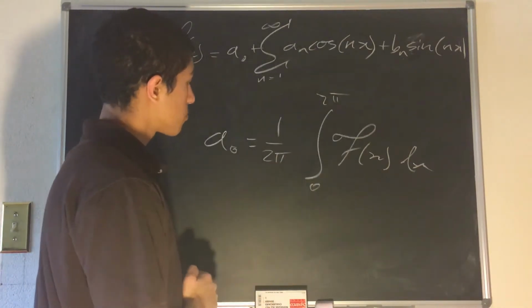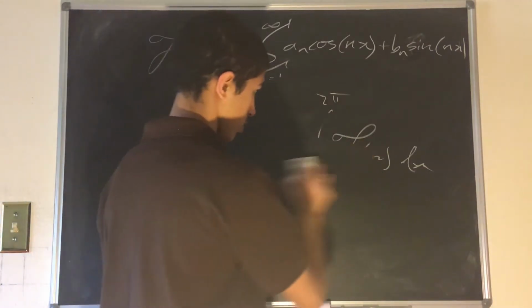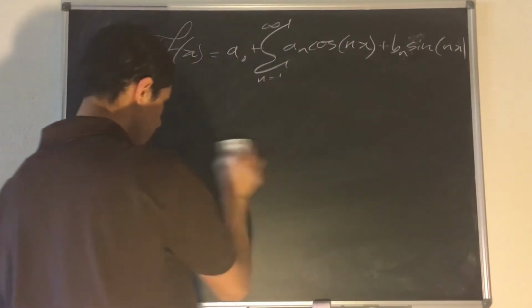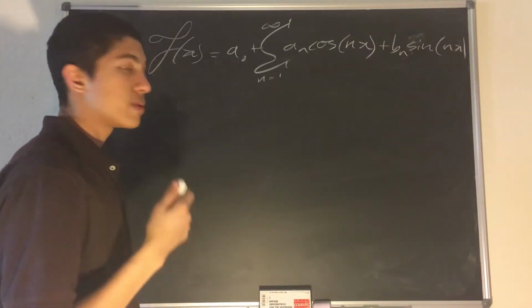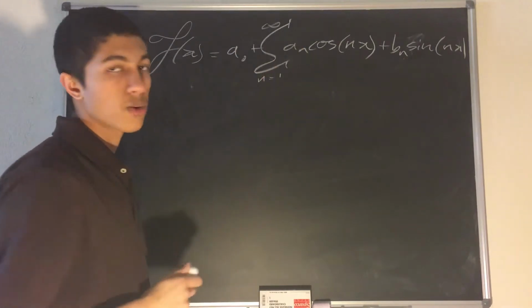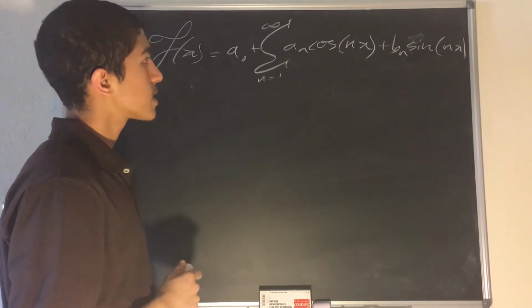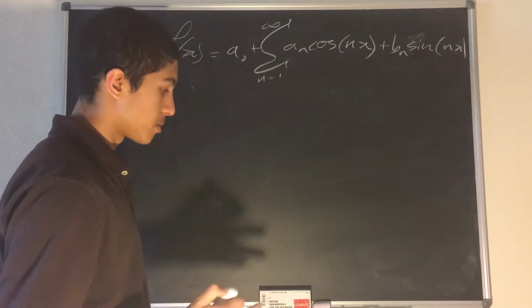And today we will try to isolate and produce a solution to the a sub n term. So let's begin. How we begin is we multiply both sides of this equation right here by cosine of kx, where k is an arbitrary integer.